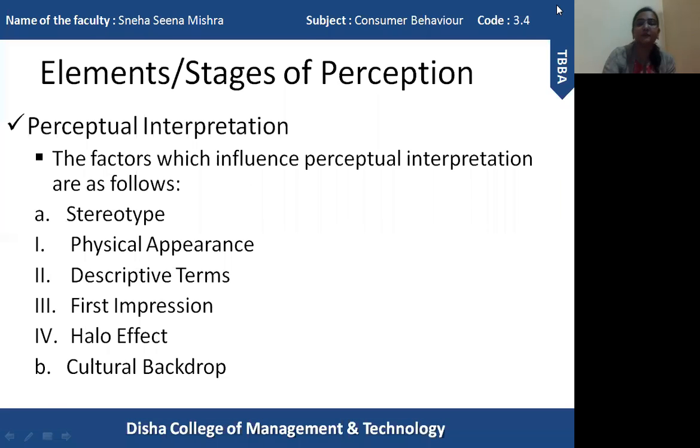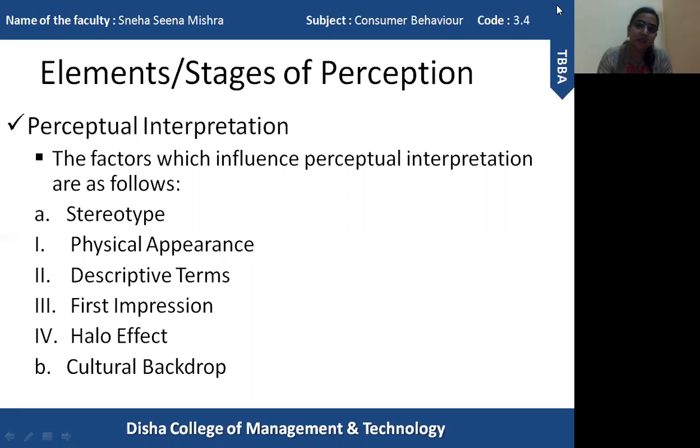For example, Fair and Lovely. In India, people are more inclined toward fairer skin, or we can say people are even obsessed with fairer skin, fair complexion. So that was used by different companies, promoting that their products are going to provide you a brighter skin, a fairer skin.